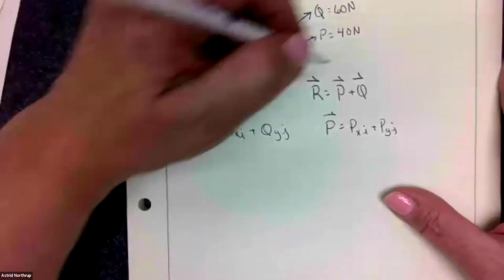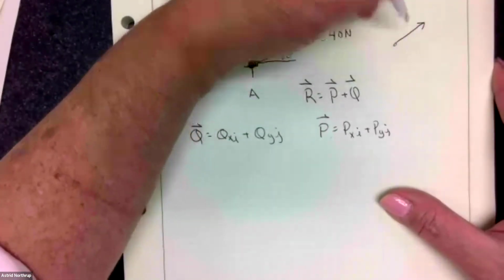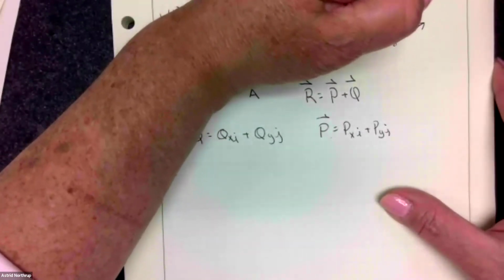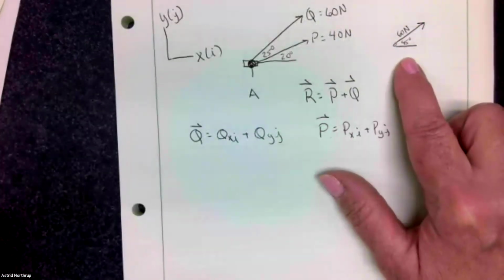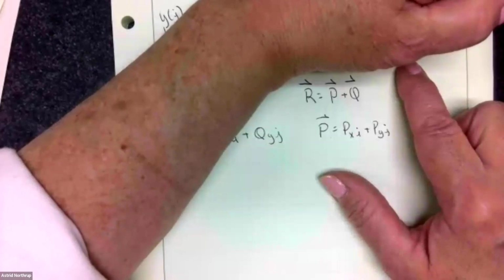Well, let's just take a look at Q. We know that it has a magnitude of 60 newtons, and we know that it acts a total of 45 degrees from the horizontal axis.